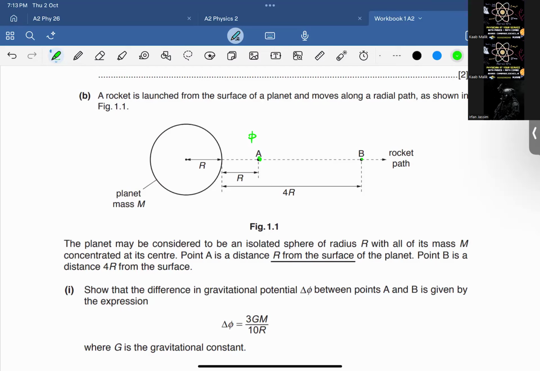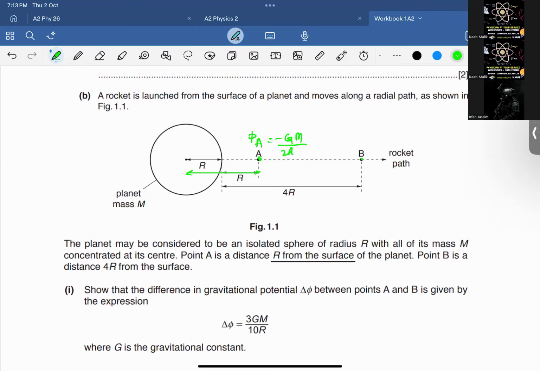And that will give you this answer. Clear? So the potential at A is basically due to this much distance, which is 2r. So when you substitute that in, negative GM over 2r.